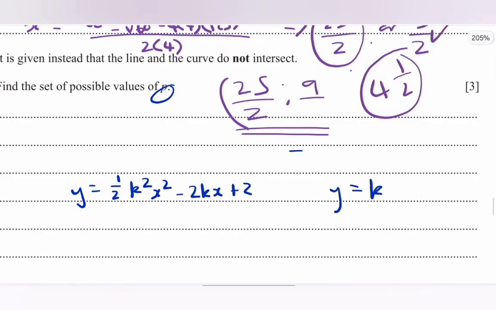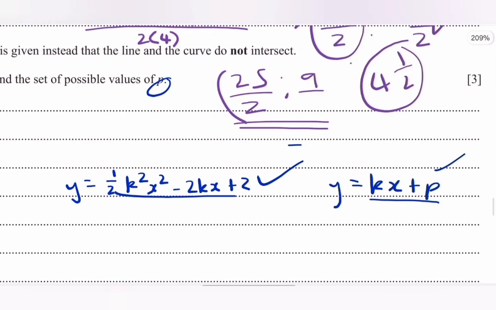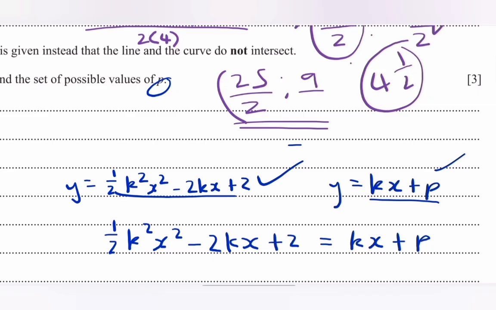Now we can just equate these two and then use the discriminant, because we know that if the discriminant is less than 0, these two do not meet. So to get that, we're going to say half k squared x squared minus 2kx plus 2 is equal to kx plus p, like that.